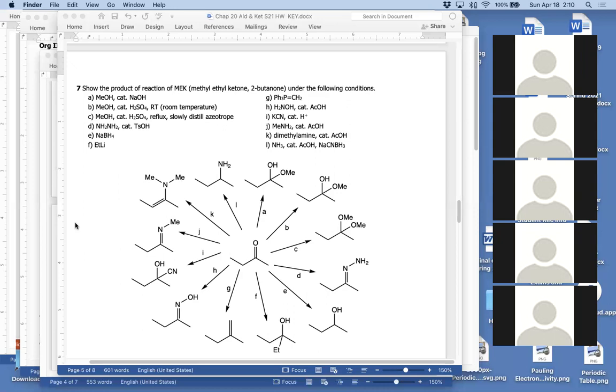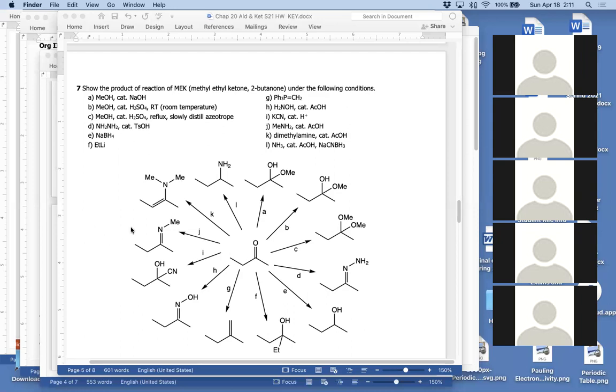So for J, do we do protonated ketone or protonated amine? You do not want to protonate the amine. It can't be a nucleophile. But some of the amine would be protonated. You really have a mixture.